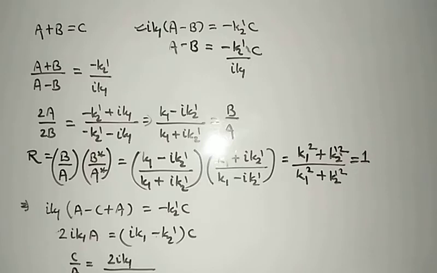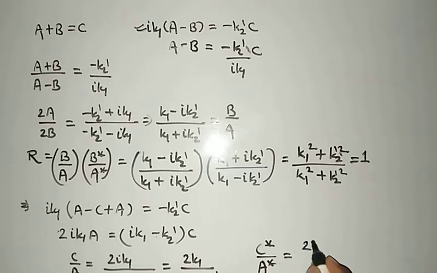We can take i here, so that this can be written as 2k1 upon k1 plus i k2 dash. So what we have found here is C by A. In the same way we can find C star by A star.